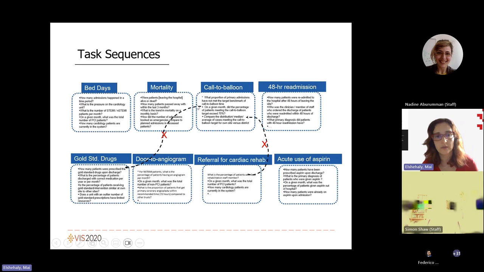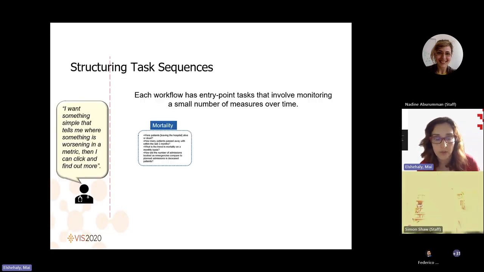So we found very little, if any, overlap in the types of questions being asked in these different decision-making contexts. And that gave us an opportunity to be very strict in the way we structure the visualization, but also in the way we limit the ability to adapt it, because there were these nicely self-contained metrics that we could build on.